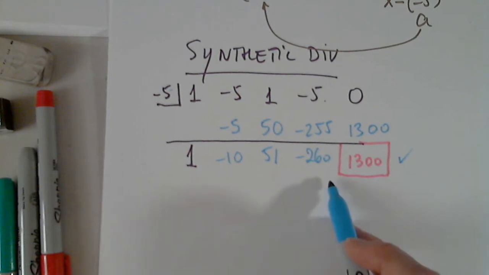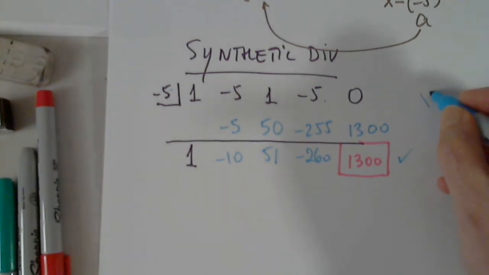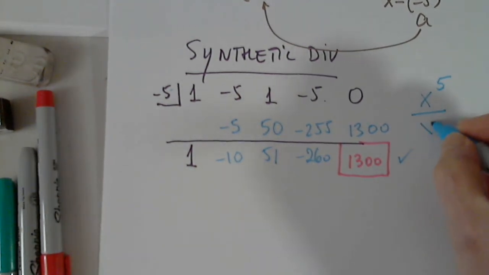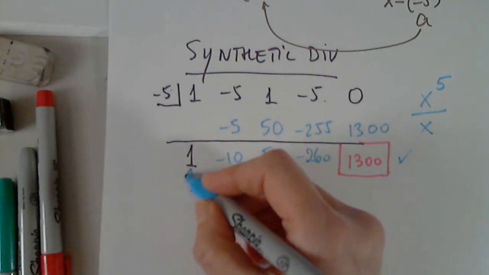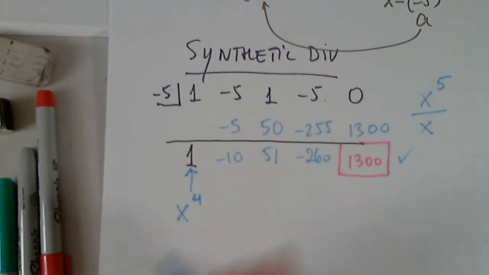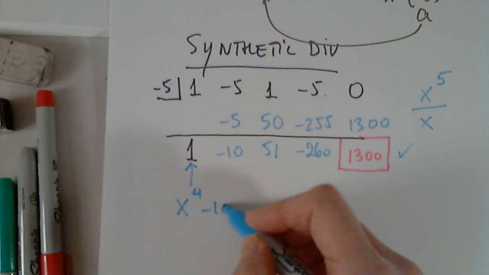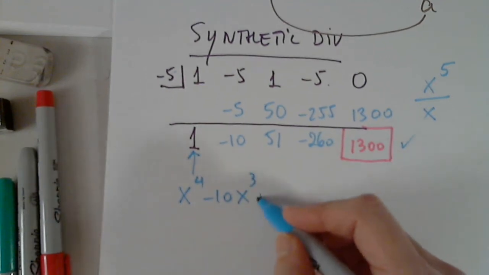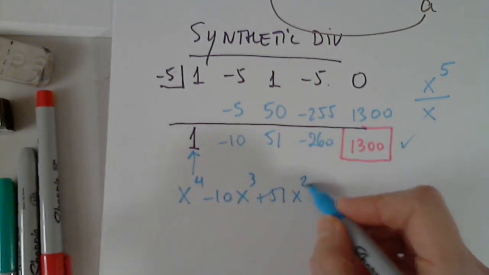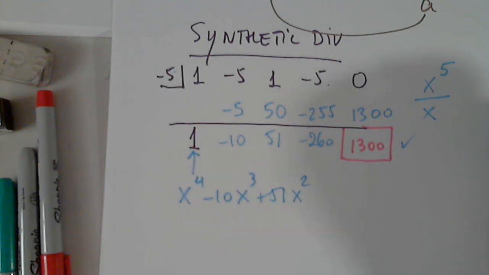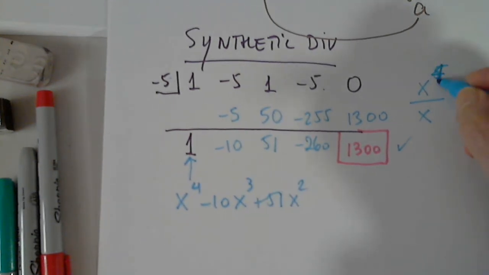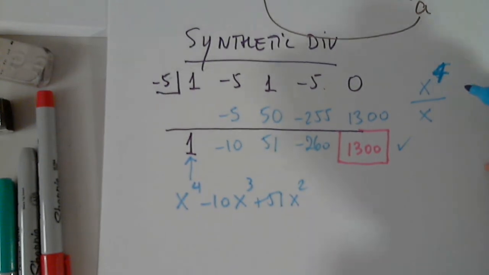How do I read the answer? I divided degree 5 by degree 1. This must be the coefficient of degree 4. The next one must be the coefficient of degree 3. The next one must be the coefficient of degree 2. No, it was 4 and 3. 4 and 1, right? Sorry. It was not degree 5, it was degree 4.